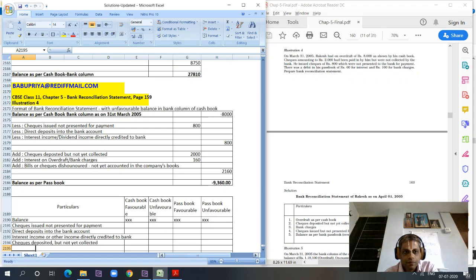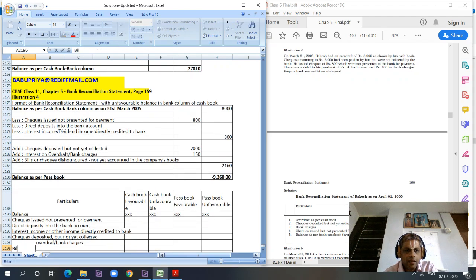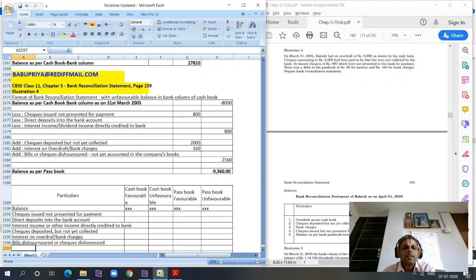Then interest on overdraft balances, bills dishonored, and checks dishonored. So these are all the major hits. I'm just summarizing the major hits that can come into the reconciliation and how this concept will work. You can learn this by heart or you can understand the concept. Understanding the concept makes a lot more difference than learning by heart.